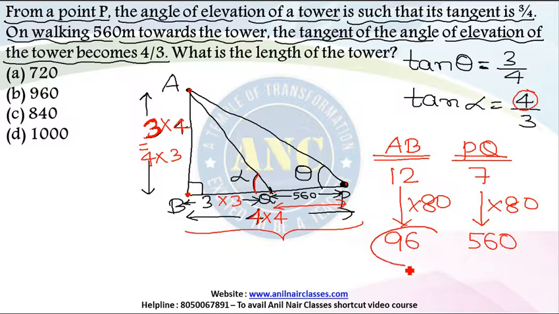960. I hope you understood the logic of making these numbers equal, which we did in so many topics, sir. Yeah, time, speed and distance, time and work, all those things, we are making the numbers equal only, right? I hope it is very, very clear for you. This is 3 initially, this is 4 later, but they cannot have two different values. Make it the same, take the LCM of 3 and 4. This is 3, make it 12, multiply by 4.